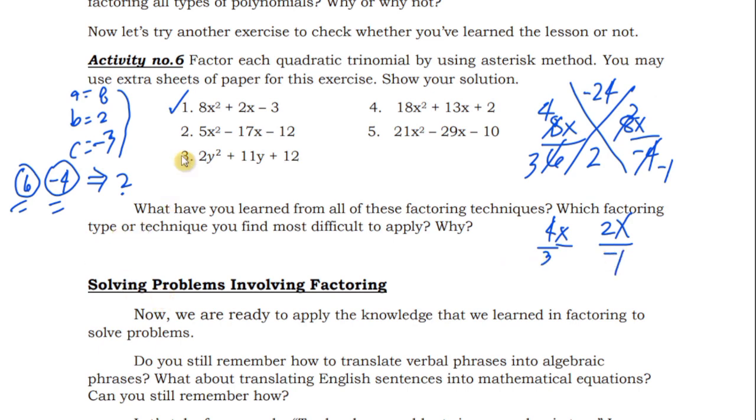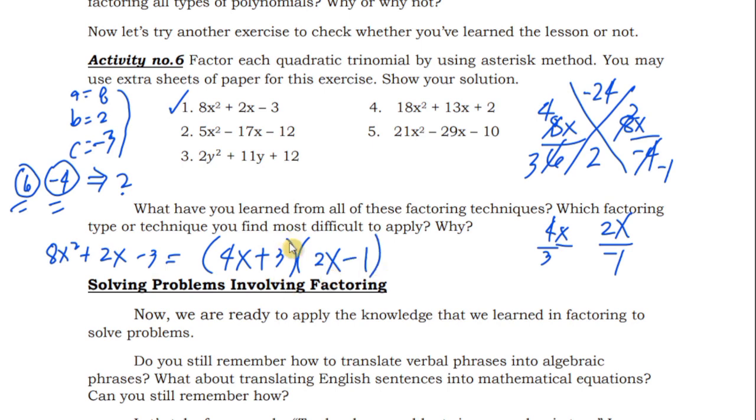So the factor of 8x squared plus 2x minus 3 is 4x plus 3 and 2x minus 1.